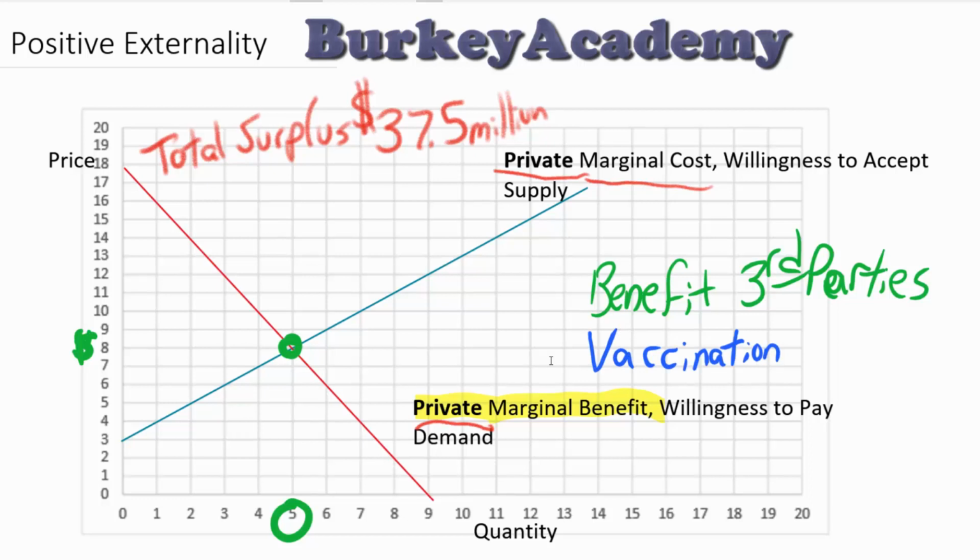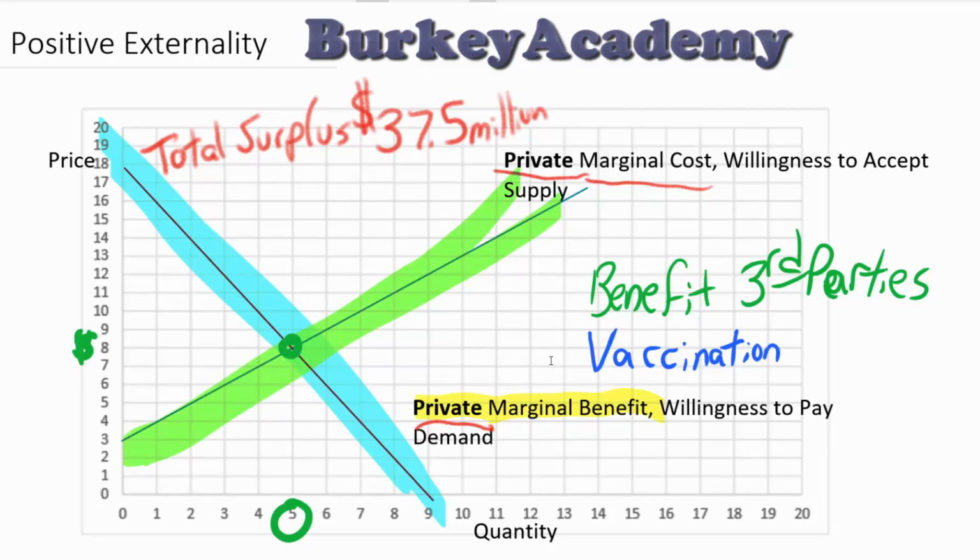The buyer of a vaccination, the demanders, they benefit from getting a vaccination because they won't get sick. The suppliers of a vaccination benefit because they get to sell the vaccine and make some money, hopefully, from it, right? But the third parties, who are these third parties?